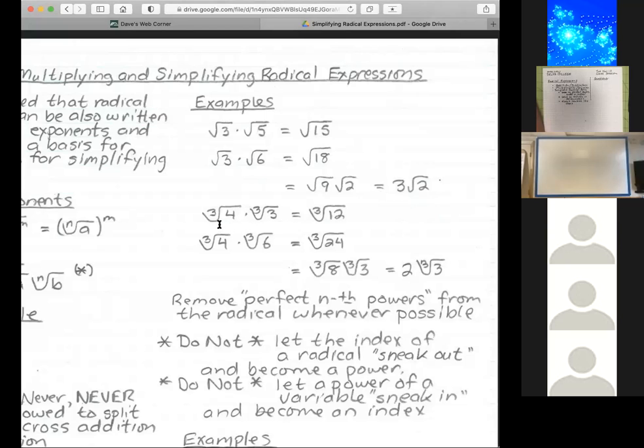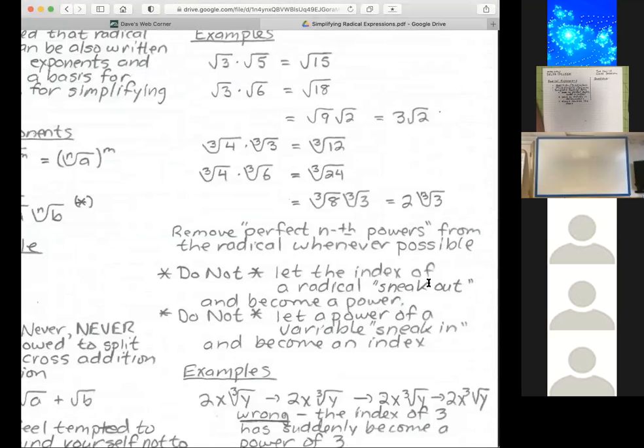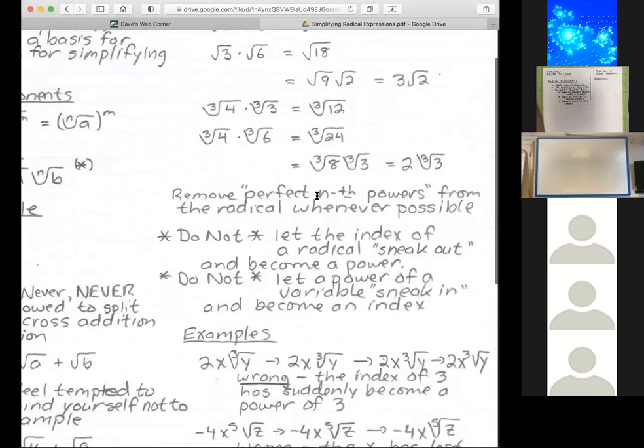This works for any powers. The cube root of 4 times the cube root of 6 is the cube root of 24. And 24 is not a perfect cube, but it has a perfect cube inside it. So we're always looking to remove perfect powers from radicals whenever possible.